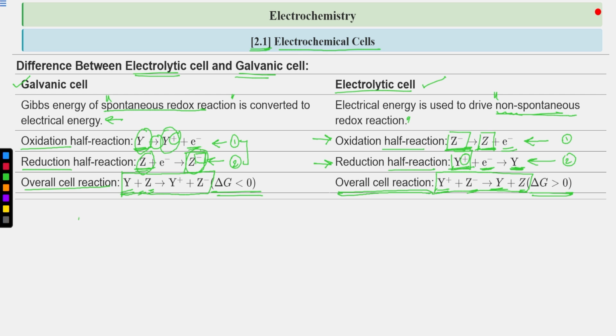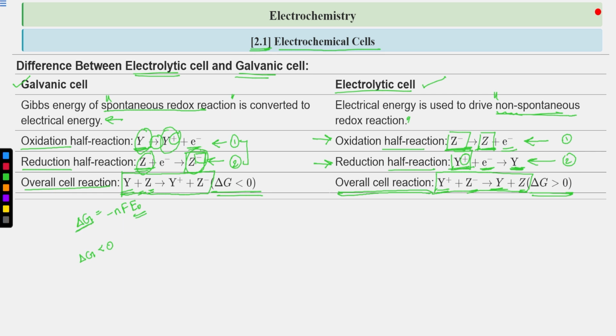Del G is basically minus nFE naught. Right, E naught is the electrode potential, or you can say the EMF of the cell. And you can decide the del G value according to the E naught for a particular cell, or vice versa. If you know the del G, you can easily know the E naught value. So if you talk about the galvanic cell whose del G is less than 0, less than 0 means negative.